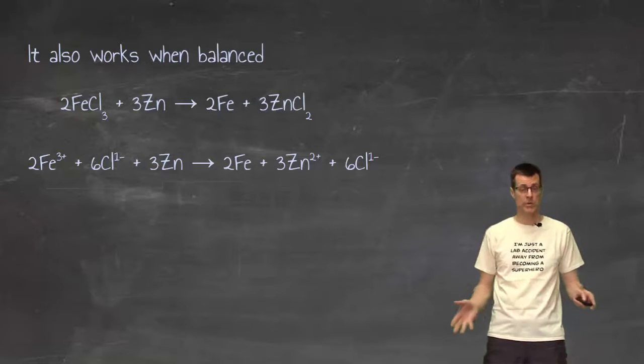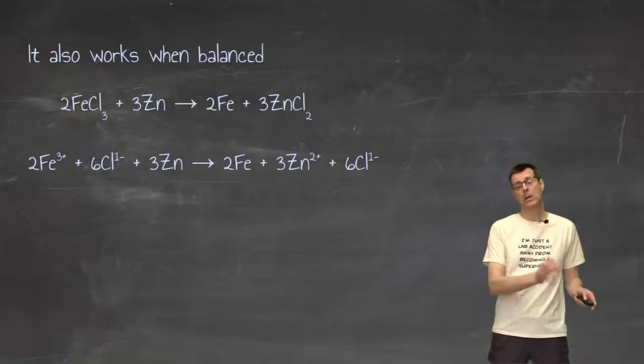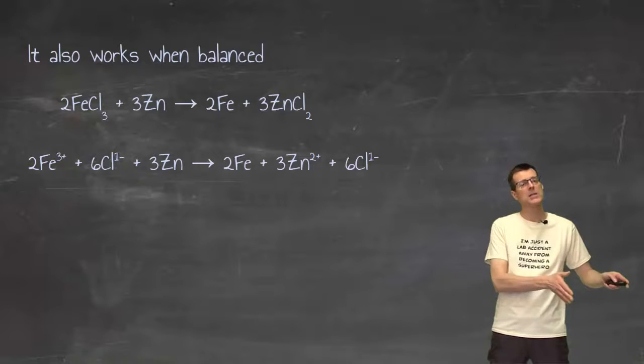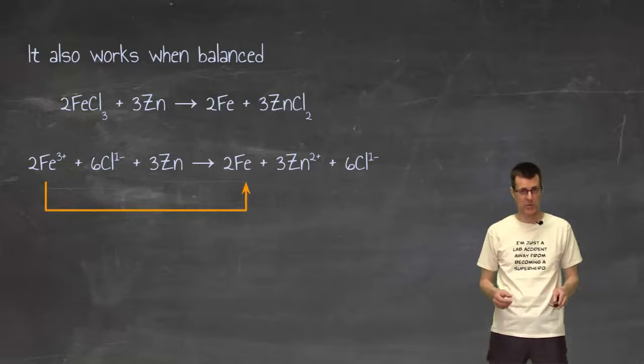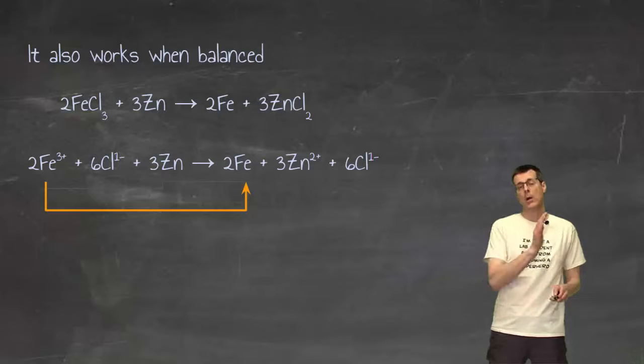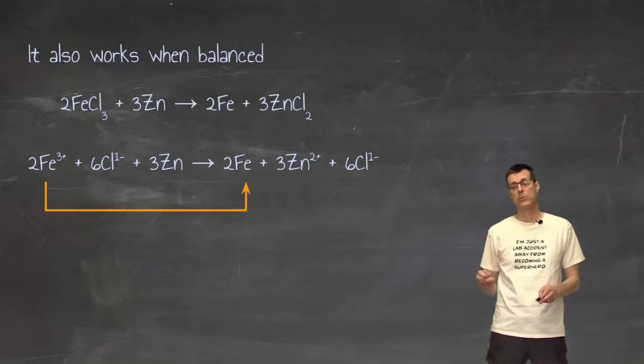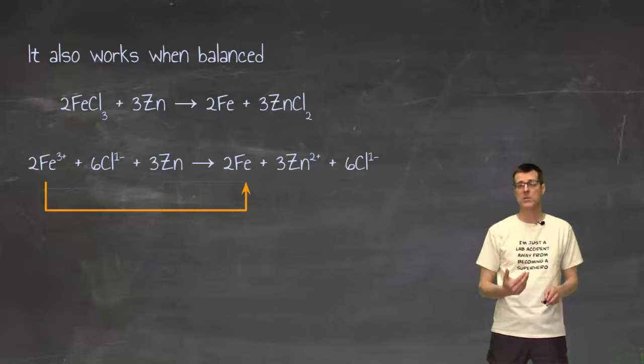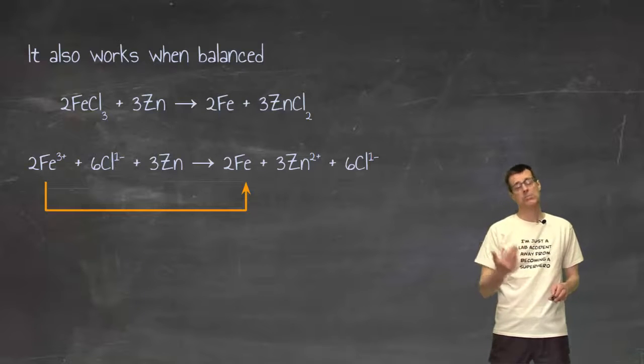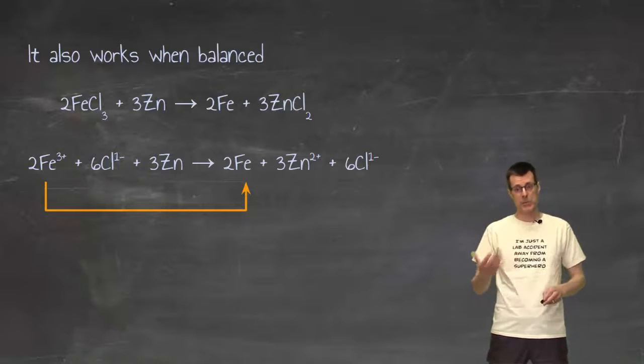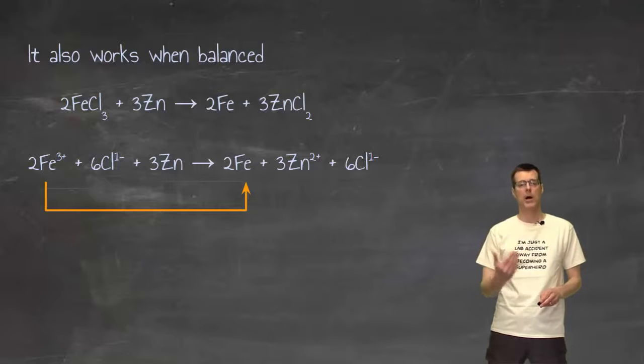We now know what's going on with the atoms and ions on either side, but as the reaction progresses, what's actually going on? Well, we're going to follow the atoms as they go through the reaction. So iron starts out as ions of iron 3+, but they become iron atoms.